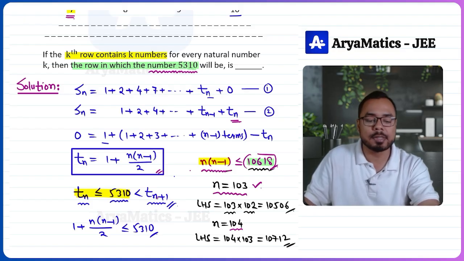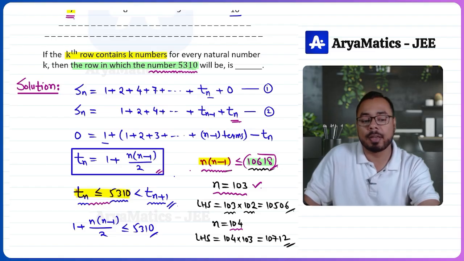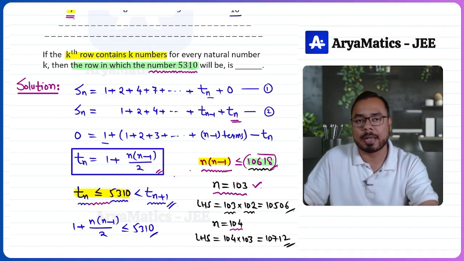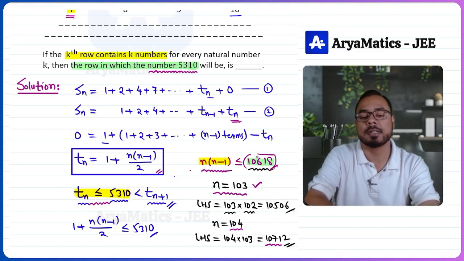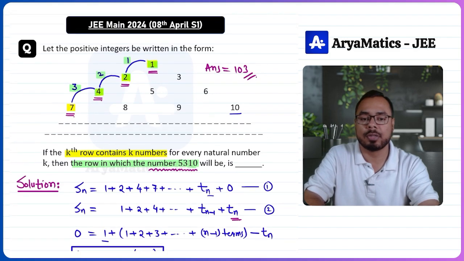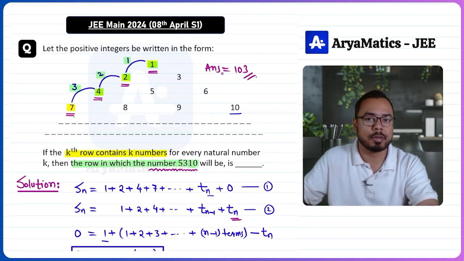But instead of solving this inequality, we can solve only this first one and try to find the maximum value of n satisfying that inequality. Using hit and trial, the maximum value of n that we got was 103, because 104 is giving us a number bigger than this right hand side. So the largest value of n satisfying that inequality is 103, and hence the correct answer for this problem is 103.